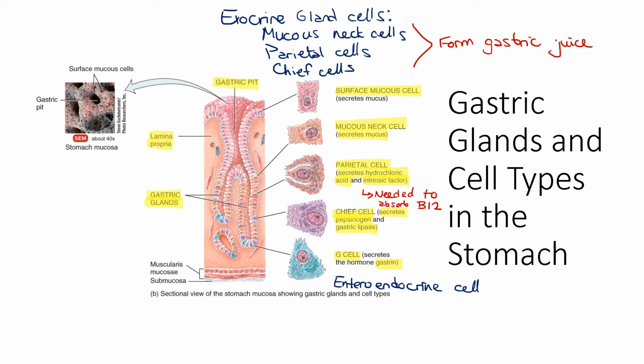Because remember, gastrin stimulates the secretion of gastric juice, and gastric juice is made from all three of these exocrine gland cells. So the G cell secretes gastrin, which stimulates all three other gland cells.